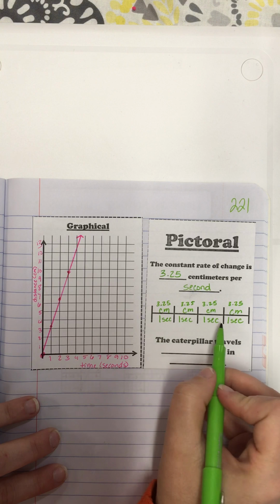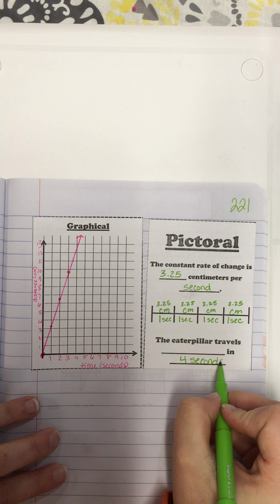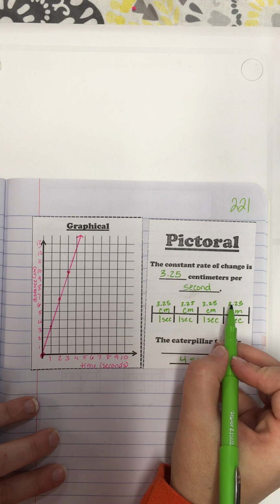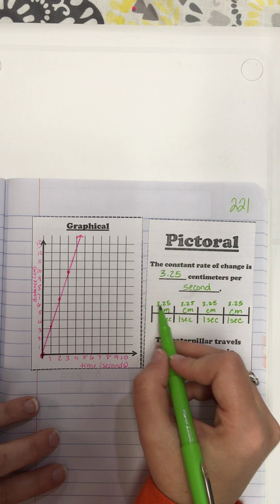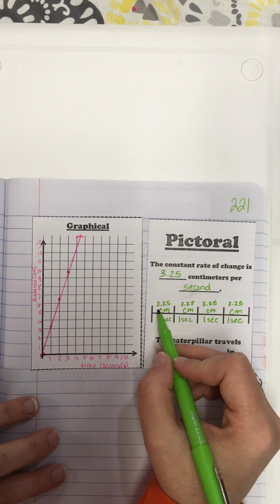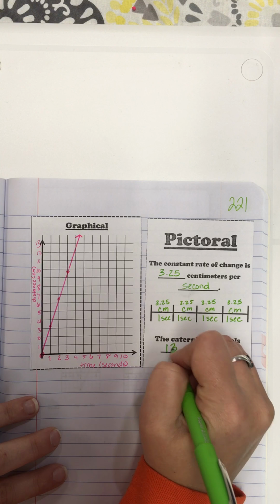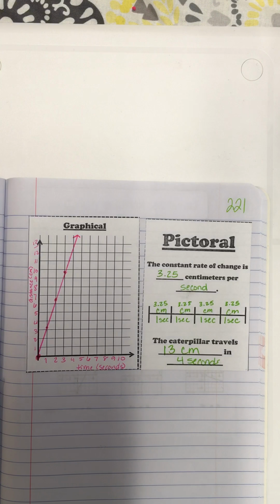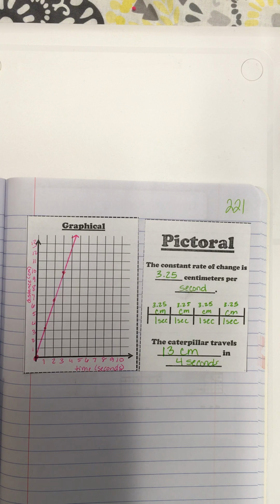So in 4 seconds, if we do 3.25 plus 3.25 plus 3.25 plus 3.25, we know 0.25 4 times is a whole, and then 3 times 4 is 3, 6, 9, 12, plus 1 more gives me 13. So the caterpillar travels 13 centimeters in 4 seconds. And that is how we do the constant rate of change in all these different representations.